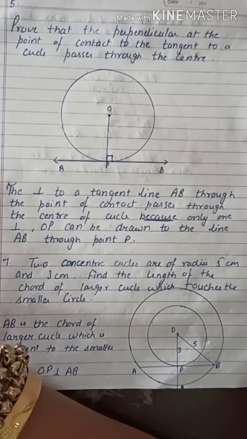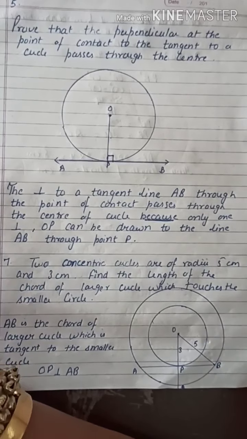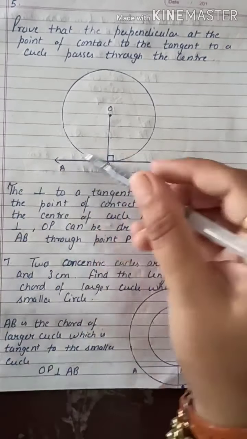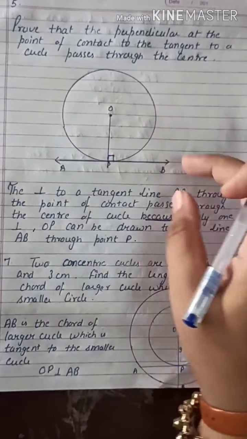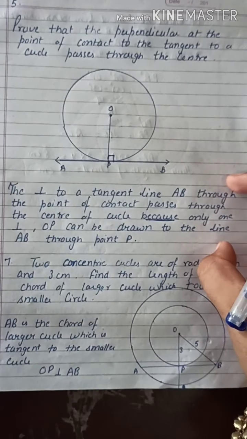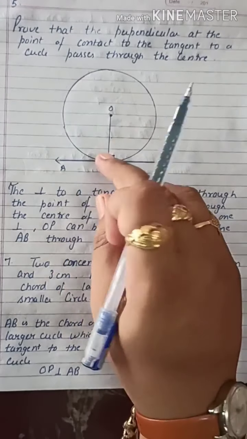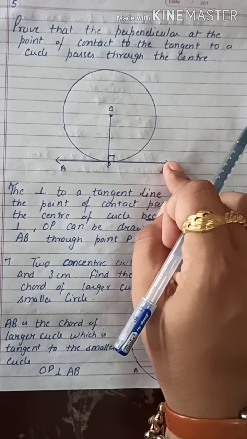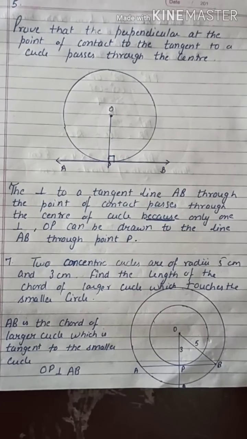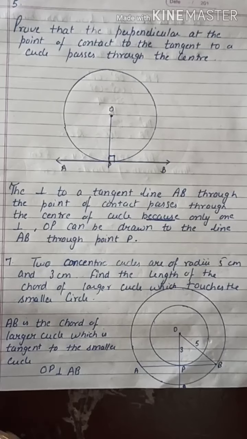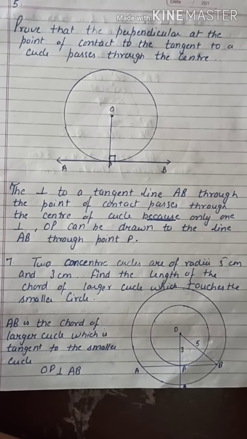So that proves the uniqueness, that OP is perpendicular to AB. By writing these two lines, I can easily prove that the perpendicular at the point of contact to the tangent to a circle passes through the center. Now question number 6 is similar to question number 1 we have done in exercise 10.2 in my previous videos.